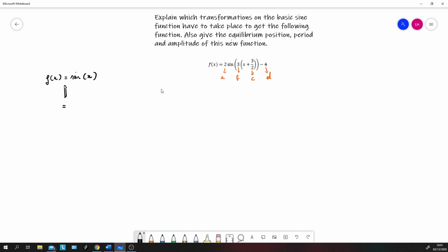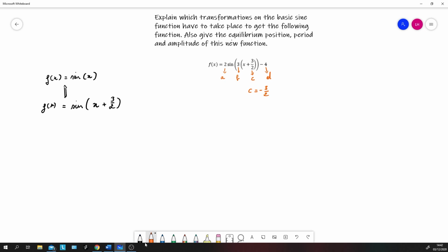So we get a function like this, sin(x + 3/2). Now, we know in the general sine function there is a minus there. So the c in this example is minus 3/2. This is important for our explanation.